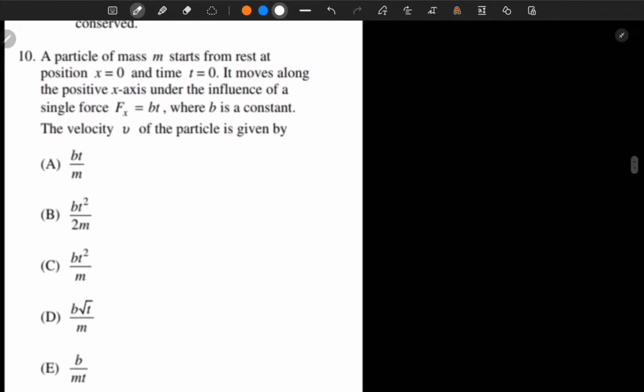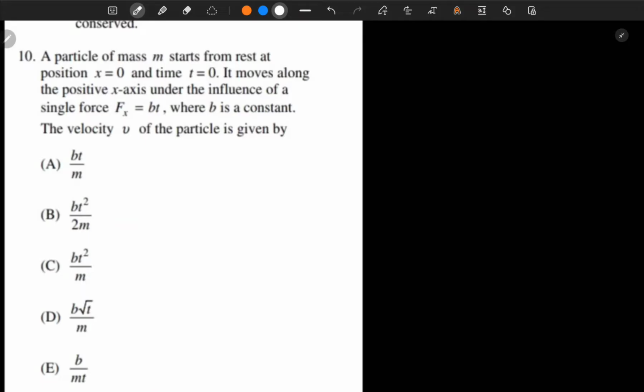Next, suppose we have a particle of mass m which starts from rest at position x0 and time t0. It then moves along the positive x-axis under the influence of a single force given by Fx, which is equal to b times t, where b is a constant.